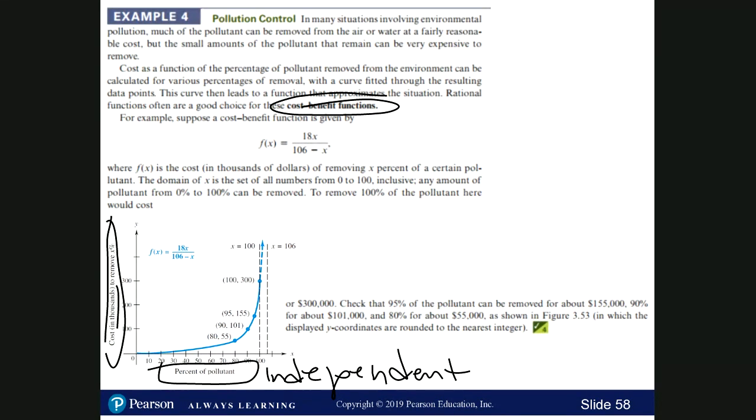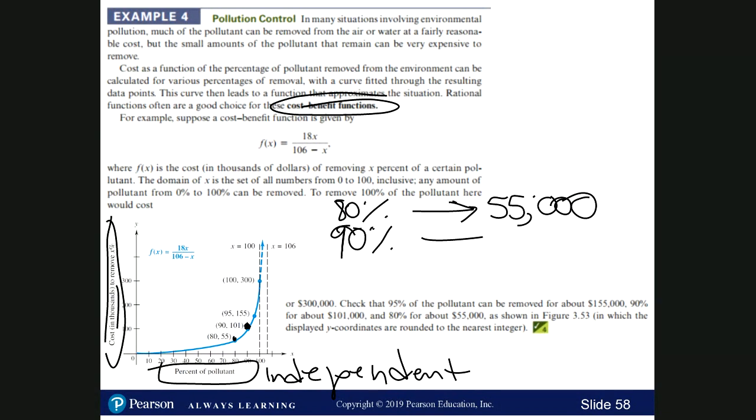So right here, to remove 80% of a certain pollutant, it will cost not $55, but remember, $55,000. If we follow this point right here, what it says is 90% of the same pollutant will cost $101,000.